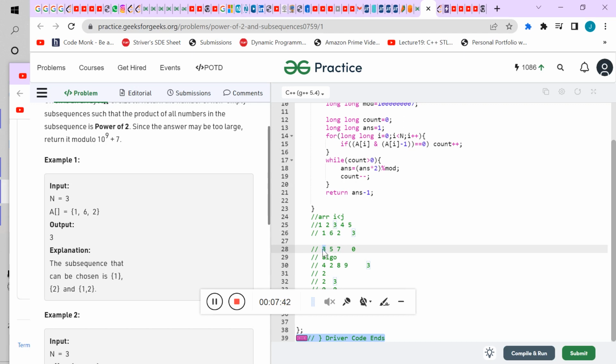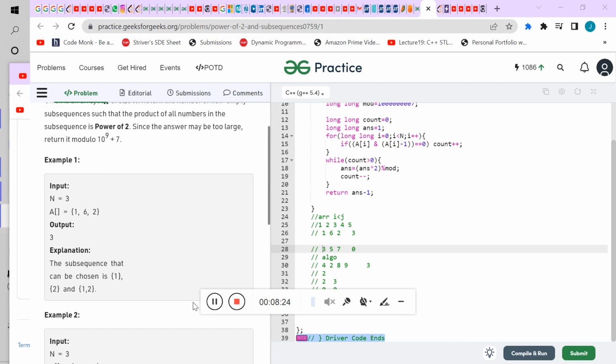To make a pair or a triplet or any number of elements in a subsequence satisfy the condition that the product should be a power of 2, we have to ensure that all the elements in the subsequence independently satisfy the condition that they must be a power of 2.